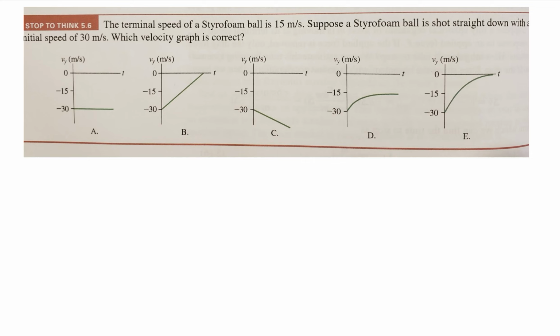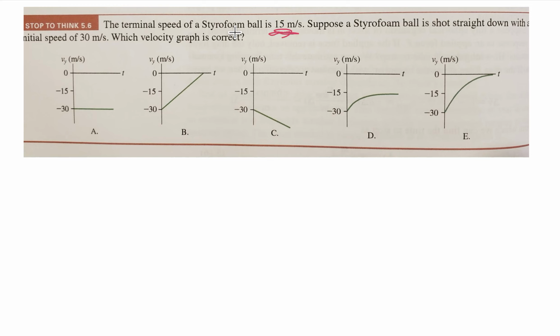I eliminated all but D and E, because as you approach your terminal velocity, your acceleration decreases because the drag is getting greater every time, which means the net force is getting smaller. We're told that the terminal speed is 15 meters per second, which means as we keep falling, our speed must get to 15 meters per second.